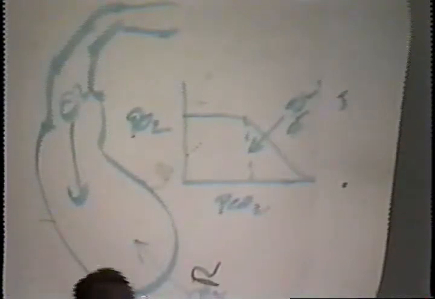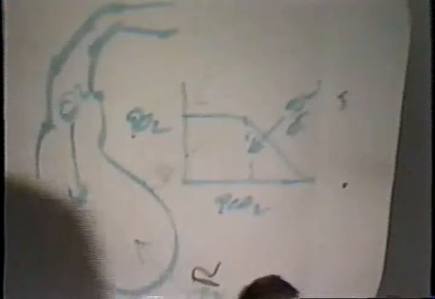That is 4/5, something on that order, something 80%. So we have what's called the RQ, the respiratory quotient. The respiratory quotient is equal to CO2 produced to O2 consumed. And this ratio is about, as I say, about 0.8.